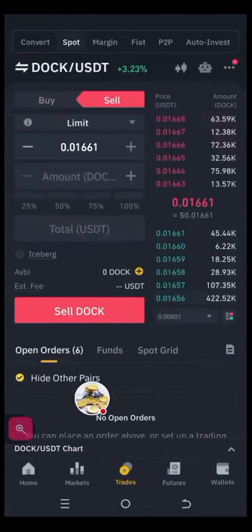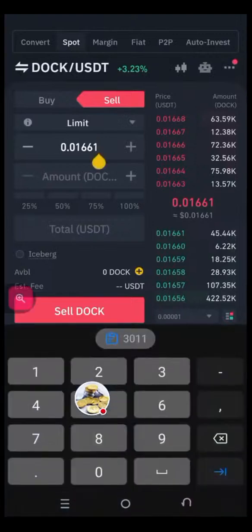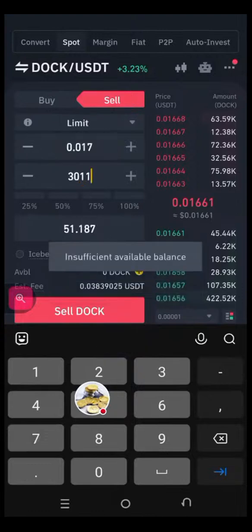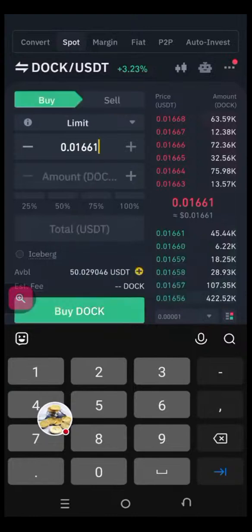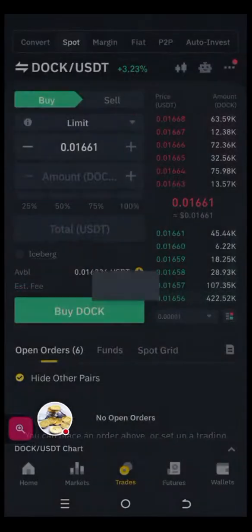Let's see whether it will go to 6.7, or maybe it should go to 6.9. Okay, 6.9. Let's do this. Let's go with Doc.